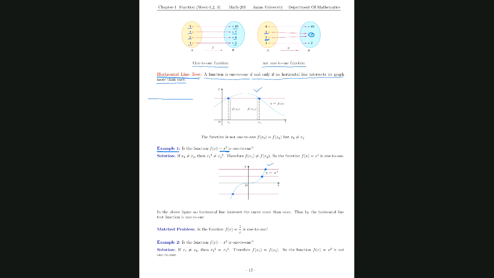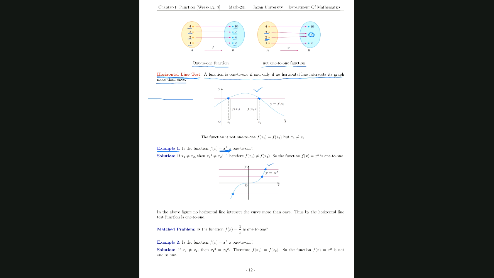Okay, so all horizontal lines intersect the graph at one point. It means this is a one-to-one function. So this x power 3 is a one-to-one function.